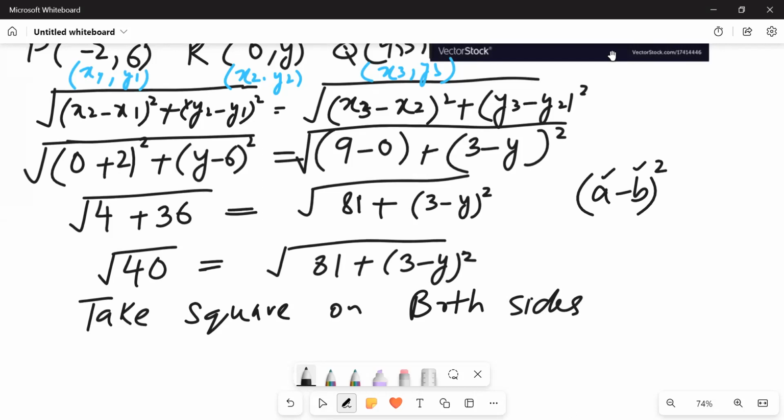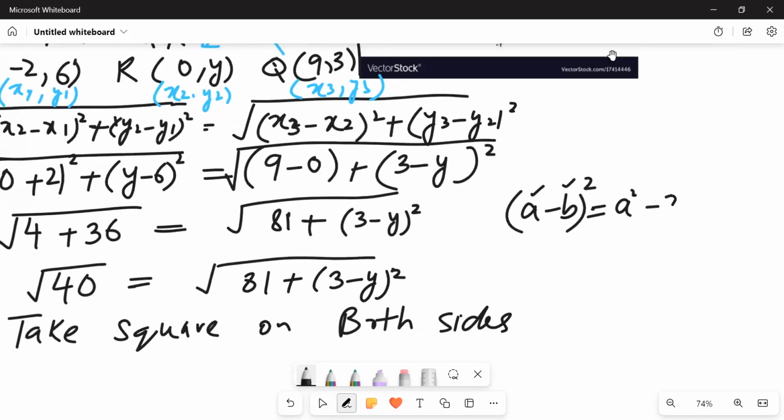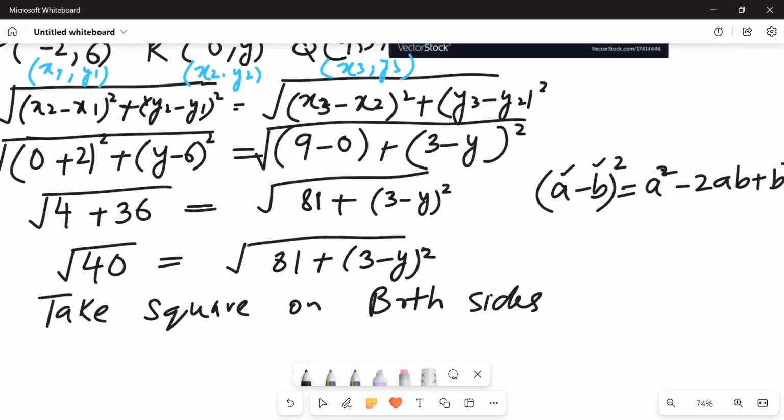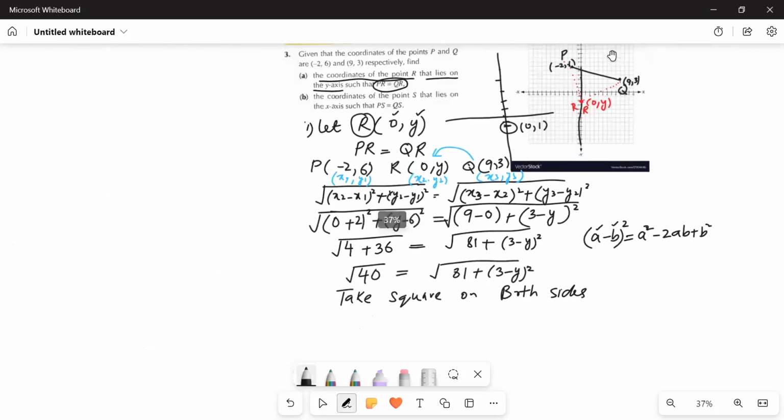So here the formula is a square, and we will apply this formula here: 2ab plus b square. You did these identities in grade 7, if you remember.